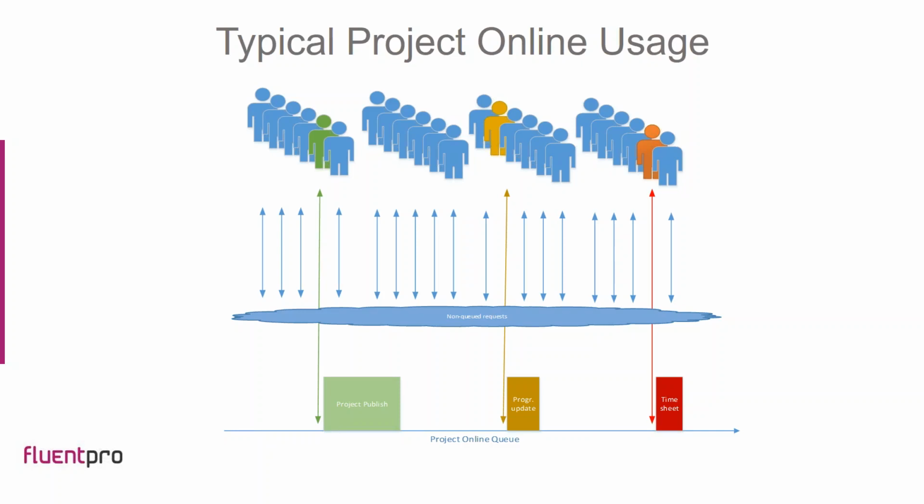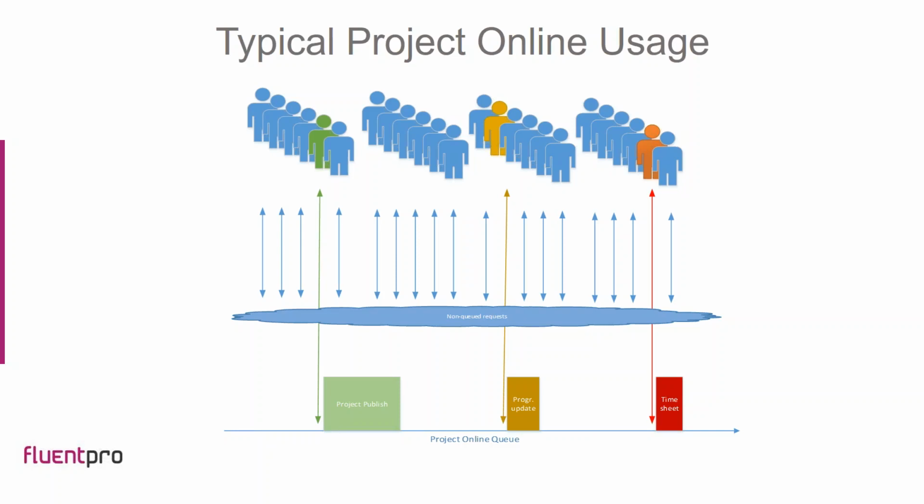These operations are not added to the Project Online queue, and they do not impact the performance of Project Online. From time to time, project managers update their projects, save them, publish them, and create new project sites. These operations are added to the Project Online queue, and they need to be processed. Some of the requests can be processed one by one, some of them in parallel.